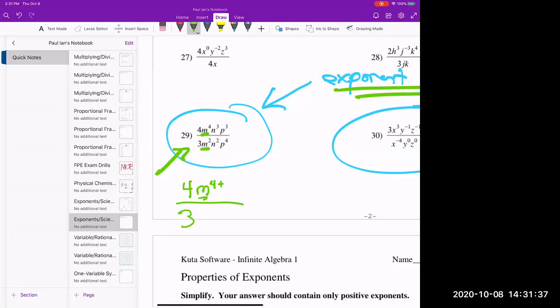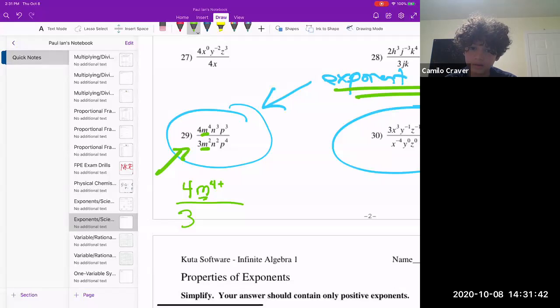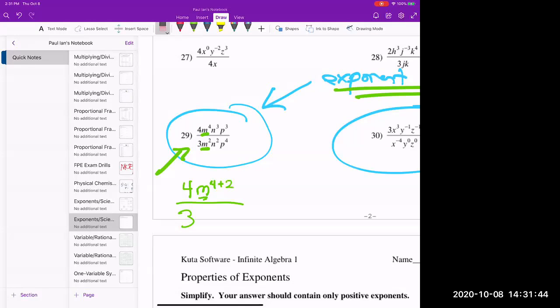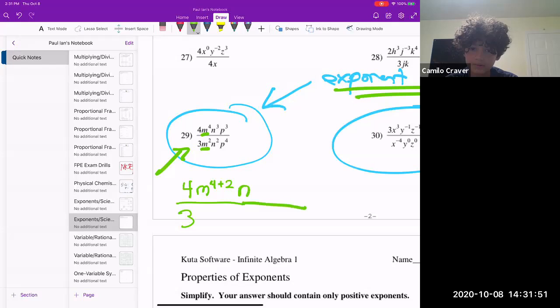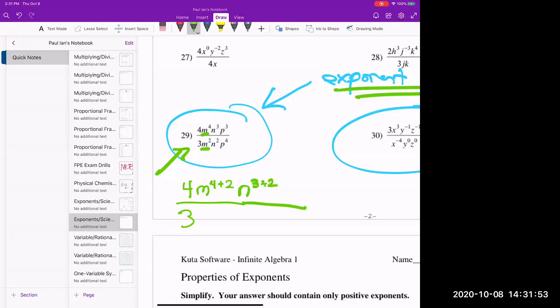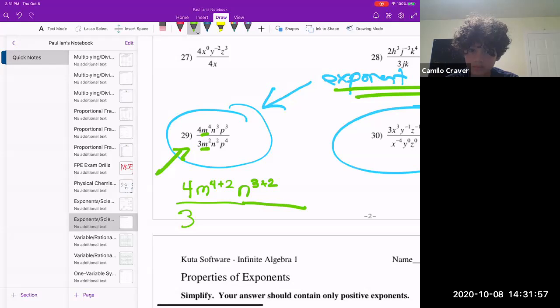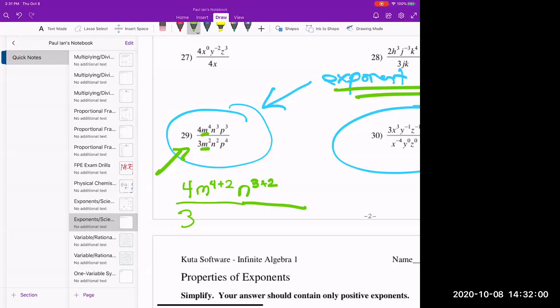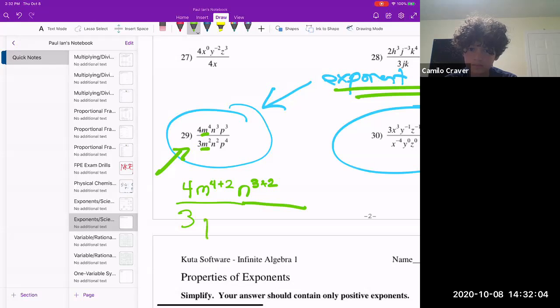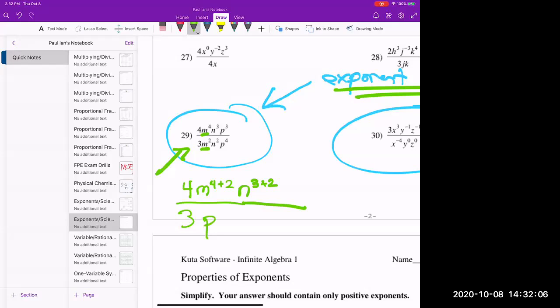The m is over here though. Isn't it 2? Yeah, so 4 plus 2. And then what about the n? 3 plus 2. What about the p? Is the p top or bottom? Both. But the final one, where do I put the p? On the bottom. And then what do I put for the exponent?